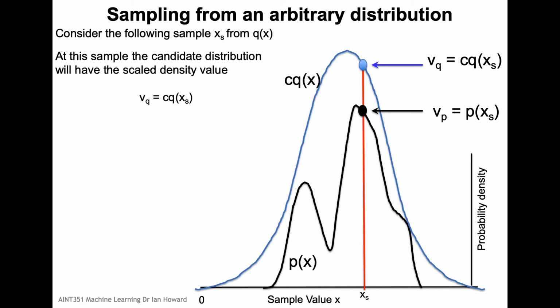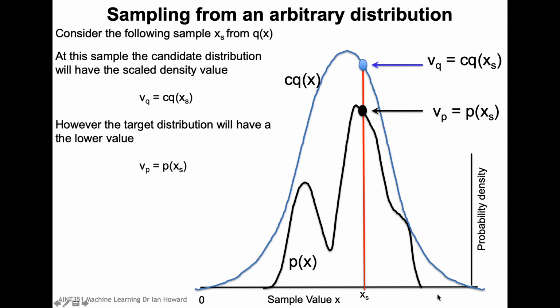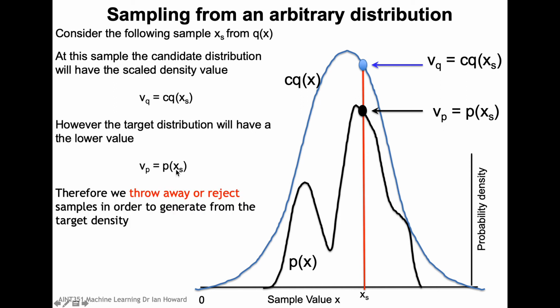So we've got this scaled density of what we've actually sampled from, but the actual target distribution has a lower density at that point. What we have to do is throw away or reject samples corresponding to this little distance here and keep them corresponding to this longer distance here.